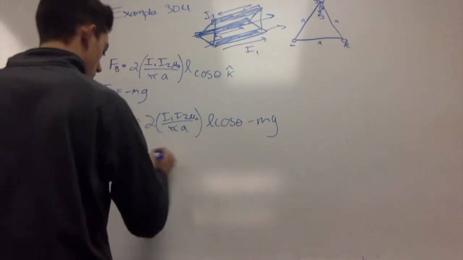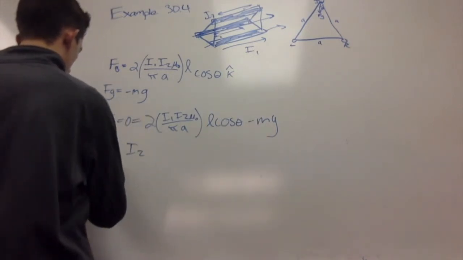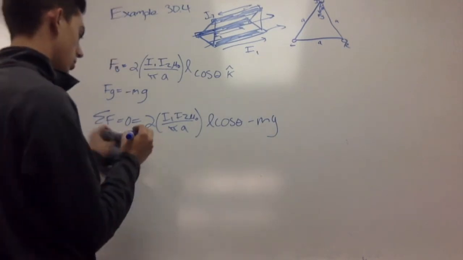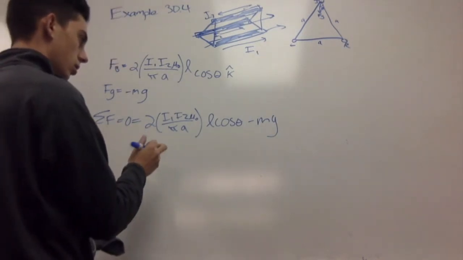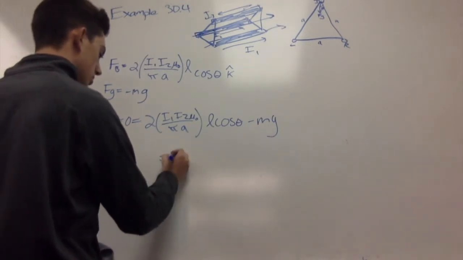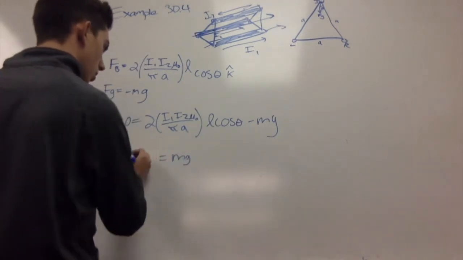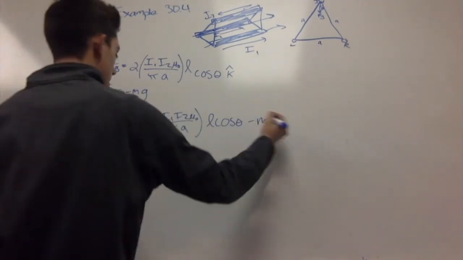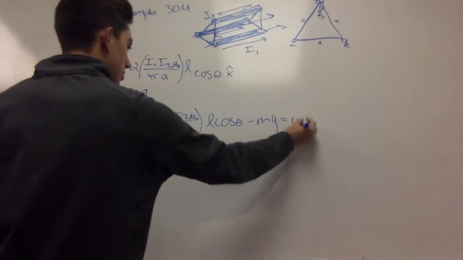So what we'll do is put mg on the side here for now. Actually, never mind. Yeah, let's move. This is equal to mg I2. So we'll add mg to both sides if this is equal to 0.